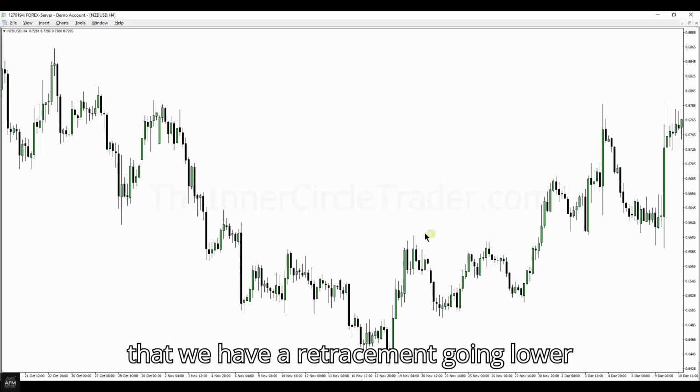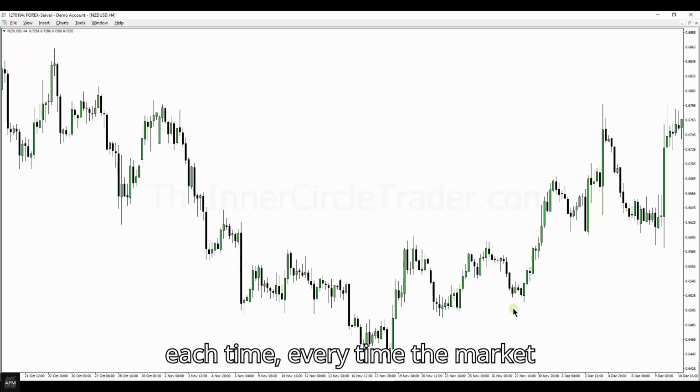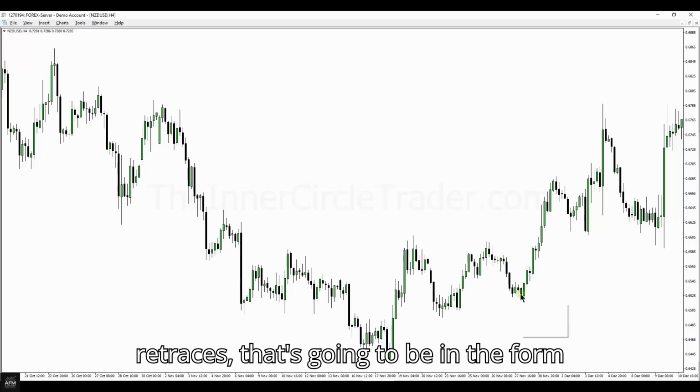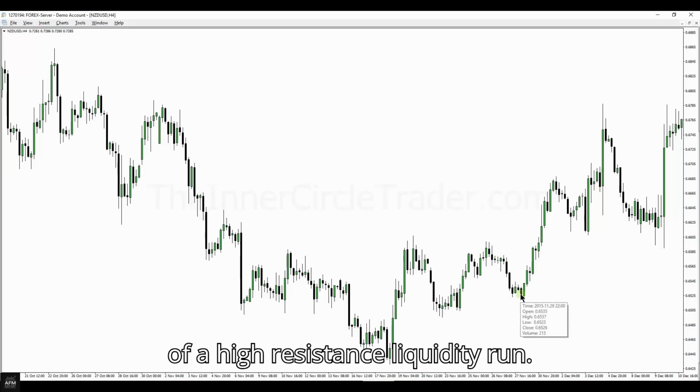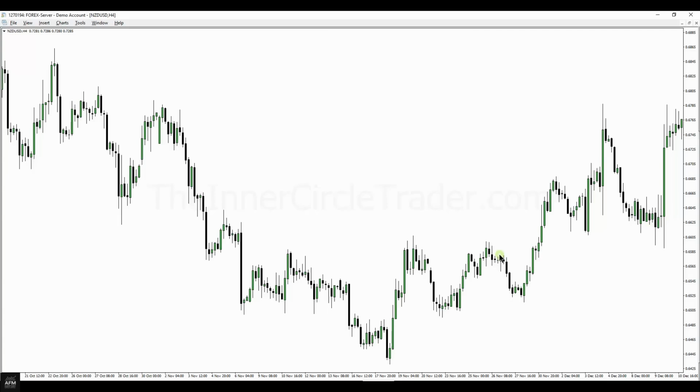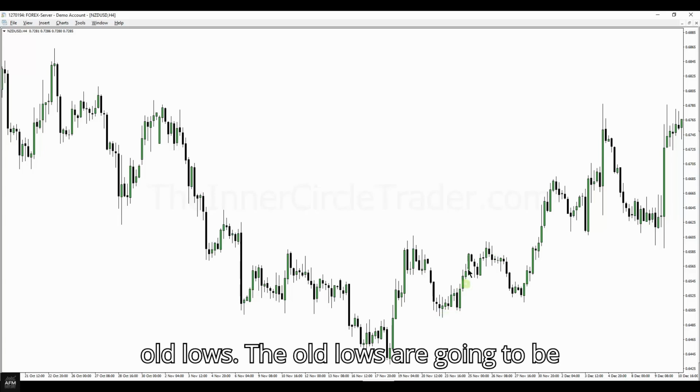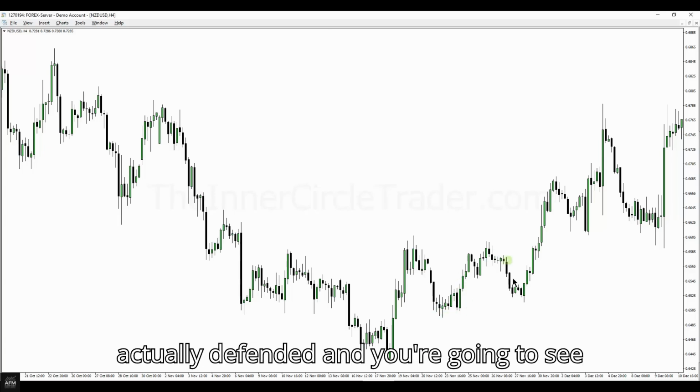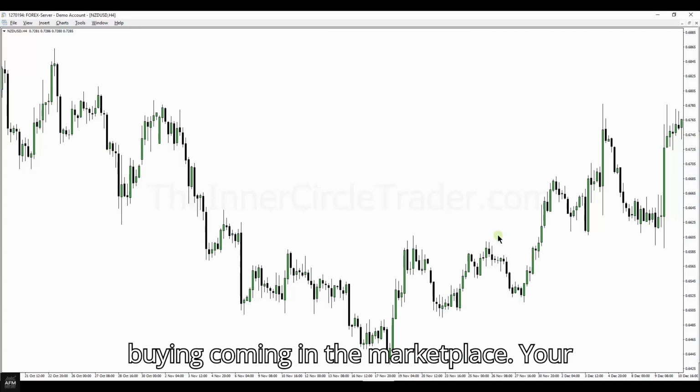The fact that we have a retracement going lower each time, every time the market retraces, that's going to be in the form of a high resistance liquidity run. It's going to find very stiff resistance with violating old lows. The old lows are going to be actually defended, and you're going to see buying coming in the marketplace.